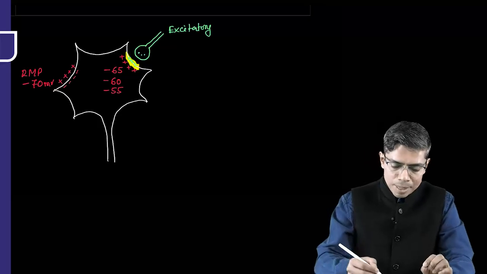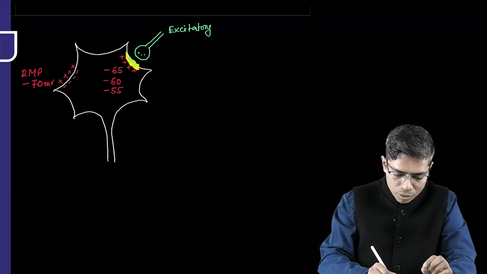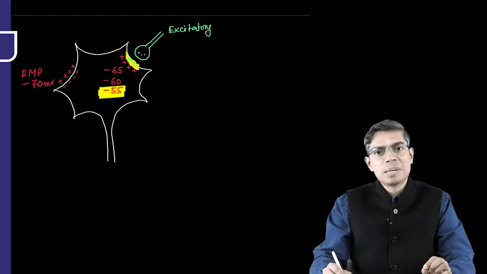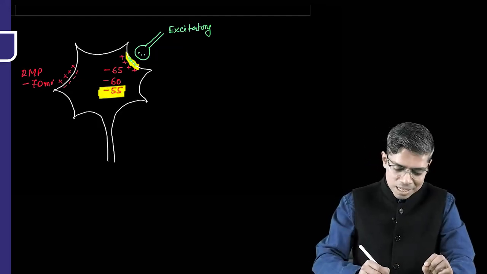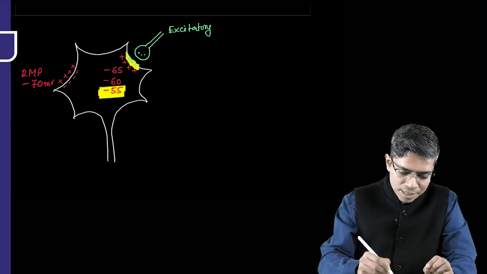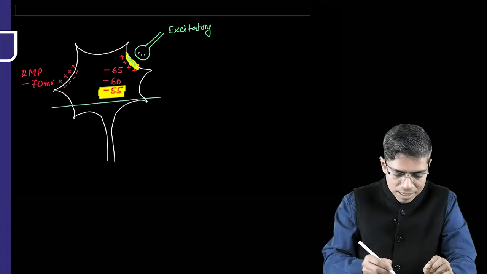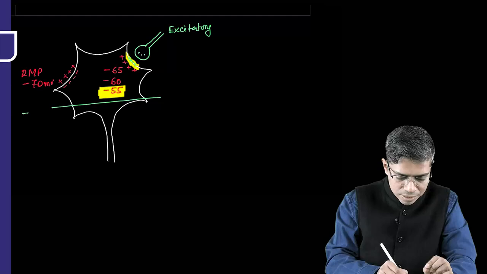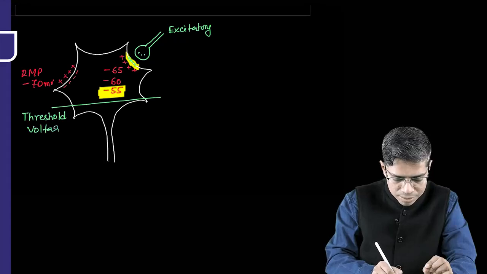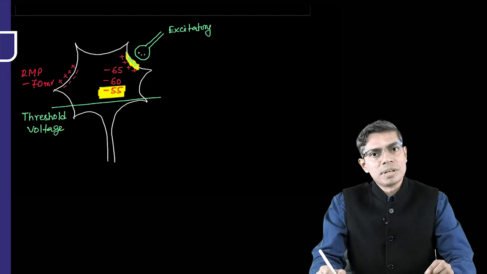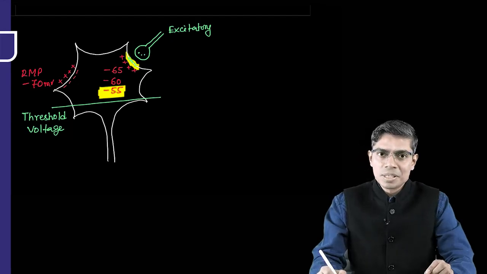Whenever the membrane voltage is crossing minus 55 millivolt, note down, this minus 55 millivolt is very important for neuronal cell membrane. Why? Because this minus 55 millivolt is known as the threshold voltage of neuronal membrane. What do you mean by threshold voltage?